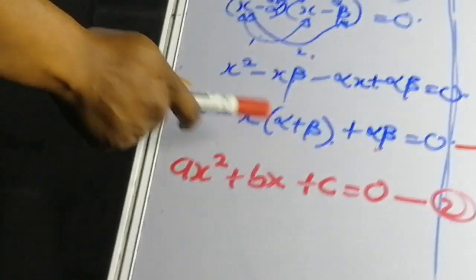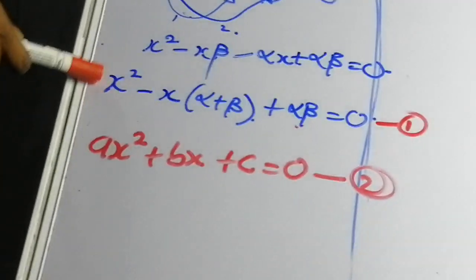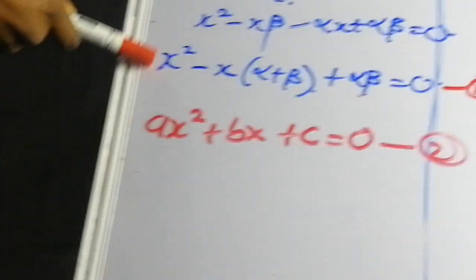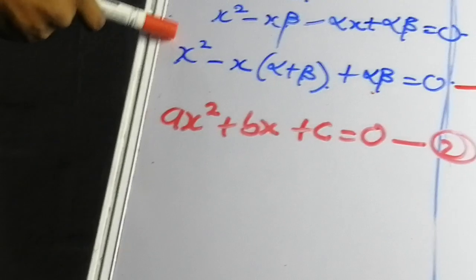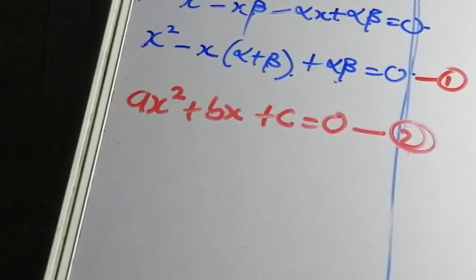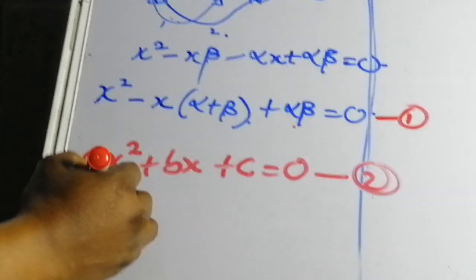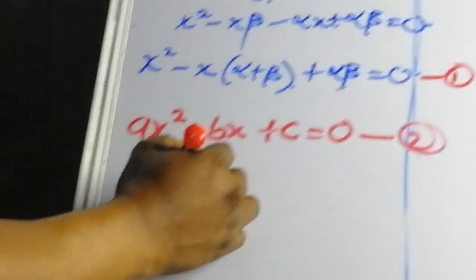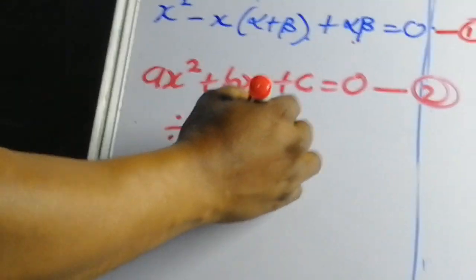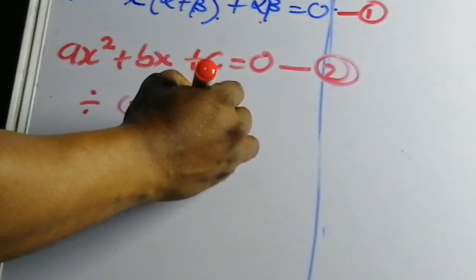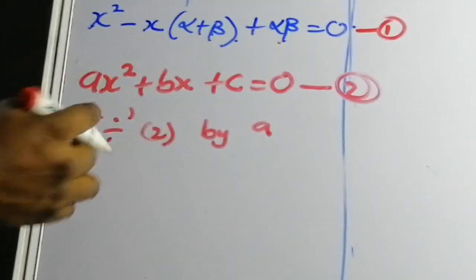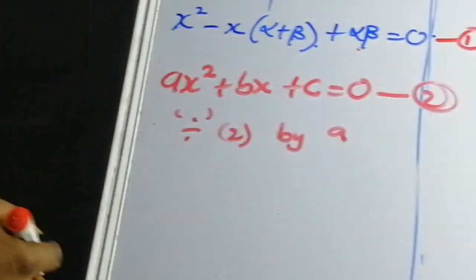So anytime we're using sum and product of the roots, the value here must be 1. The value here must be 1, like the way we're doing in completing the square method. So here is the same thing as divide. I can say divide 2 by a. Okay, divide 2, equation 2 by a.